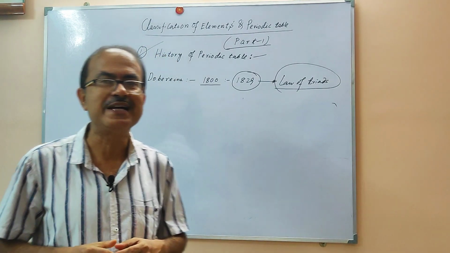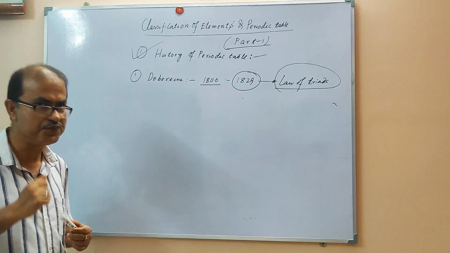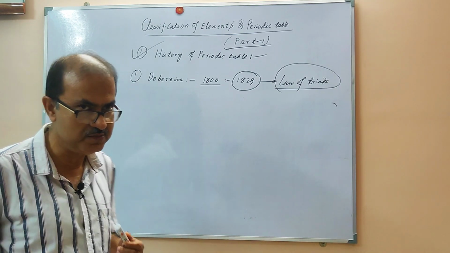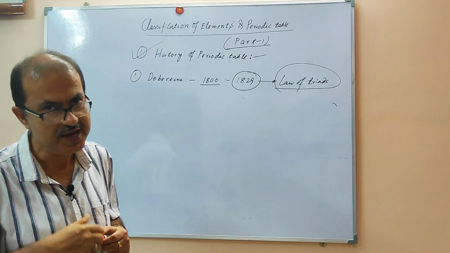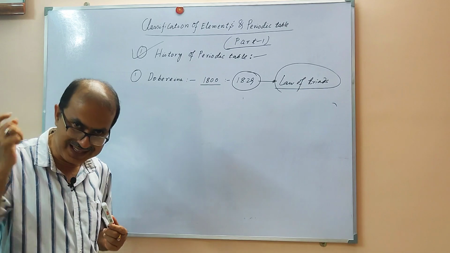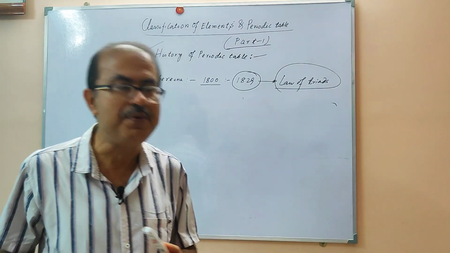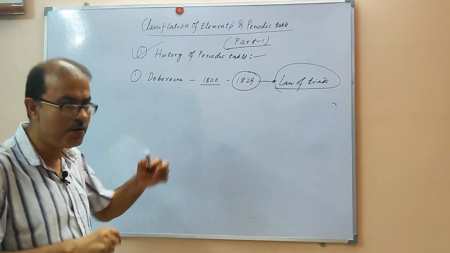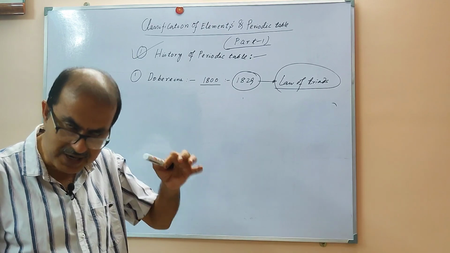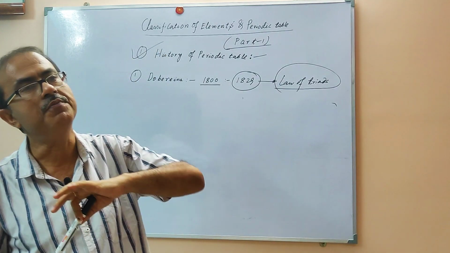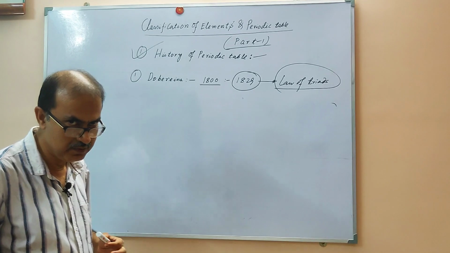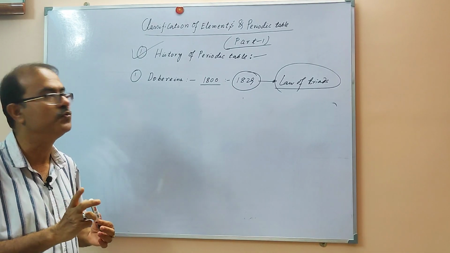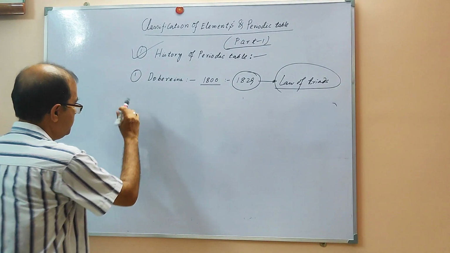Understand the law of triads: three elements having similar properties, where the middle element has a mass which is the average of the other two elements, and its properties lie in between the properties of the other two elements.